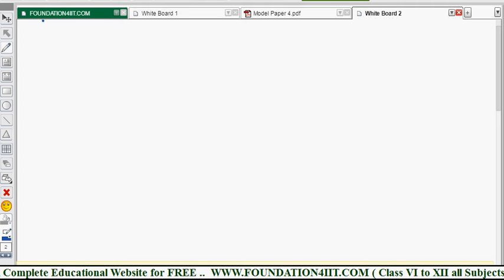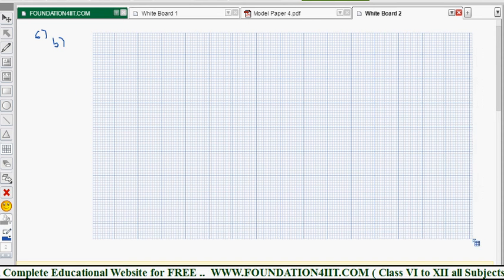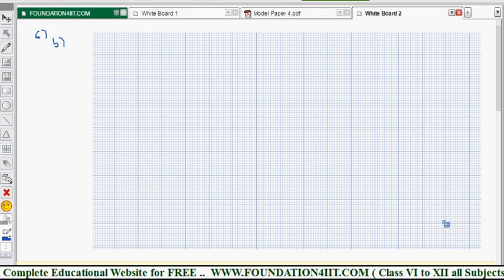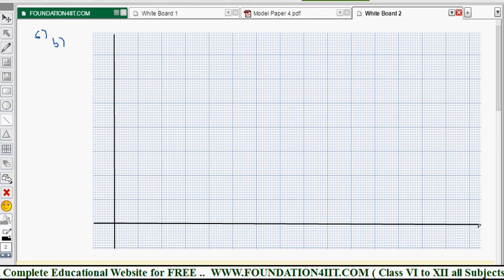Let us take the graph paper and solve. Vertical is the y-axis and this horizontal is the x-axis.